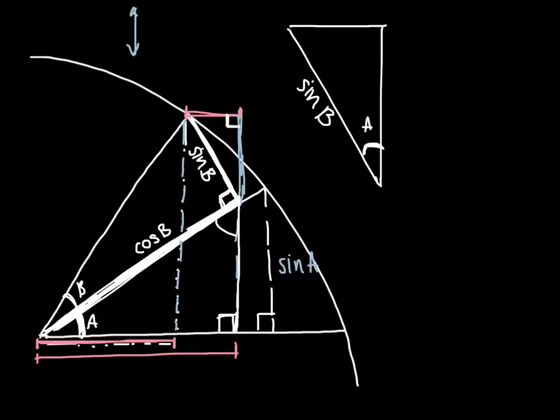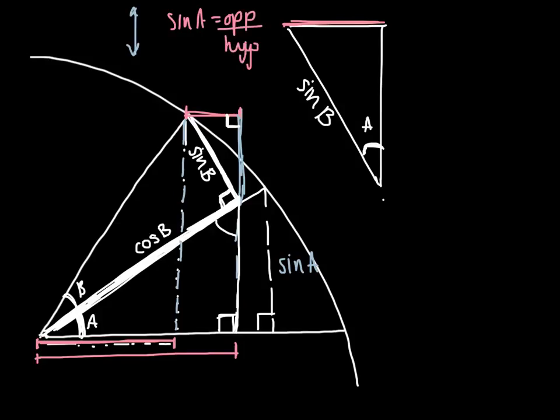Now we're getting somewhere, because I can start to describe these other two sides. So standing at the angle A, this salmon line, that is my opposite. And we know that sine A is opposite over the hypotenuse.